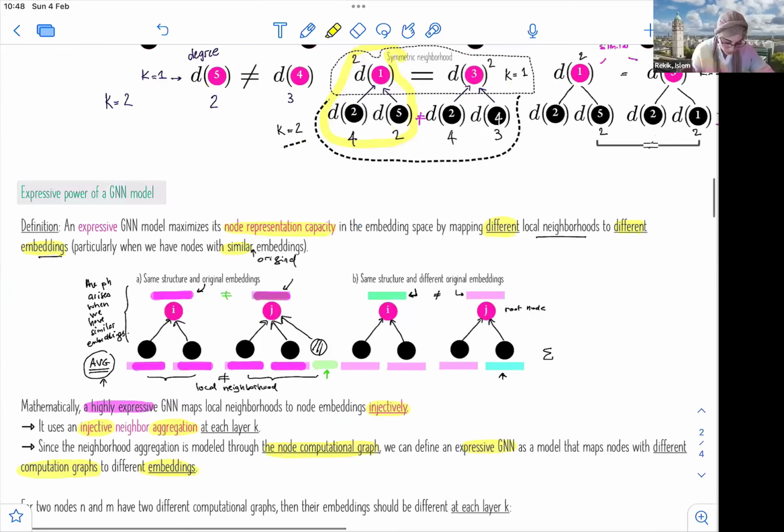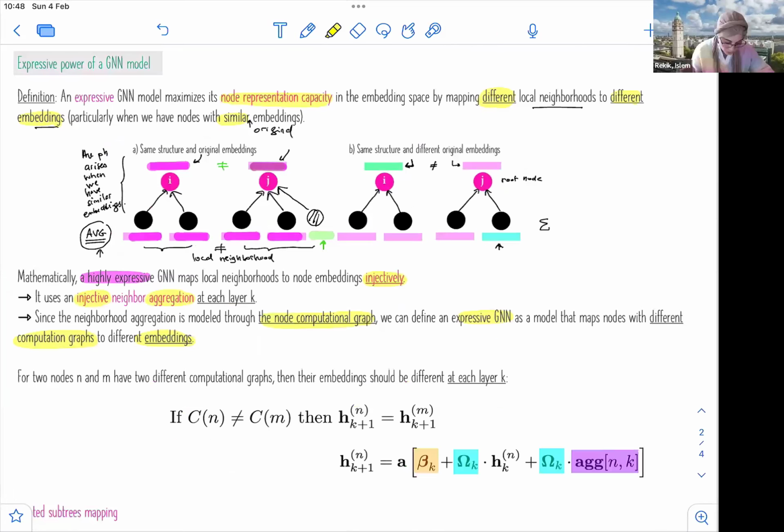So basically, if we have two nodes N and M, which have, okay, let's start here, two different computational graphs. So if these two nodes have, sorry, it's not four, we have a typo here.